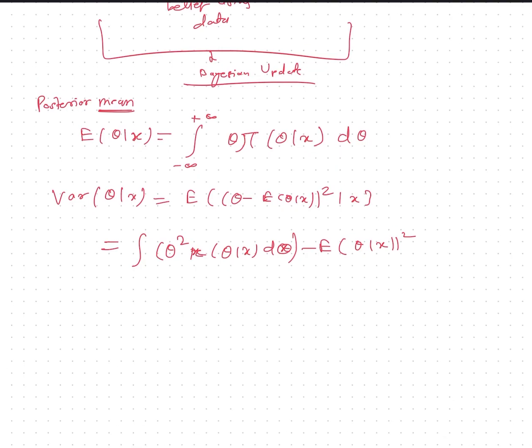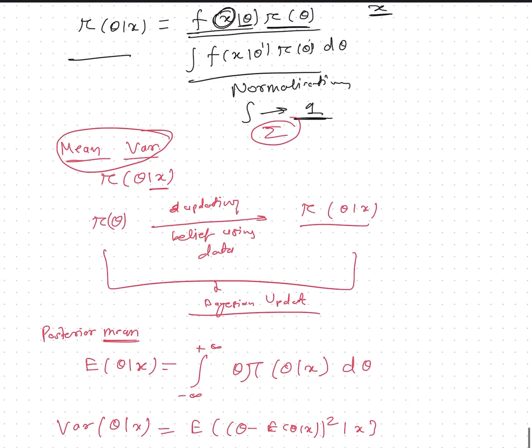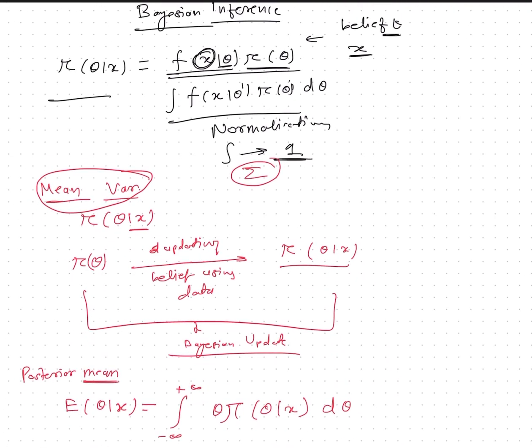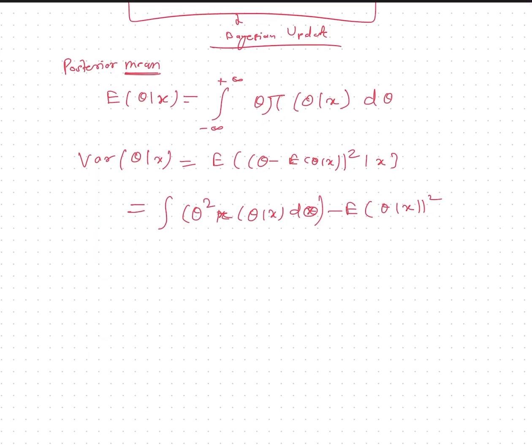So this is all about our posterior mean and posterior variance. We have seen how Bayesian inference works. We have prior knowledge, we have seen the data, and we are updating our beliefs using the data, which is reflected in our posterior density function. That's all about the basic Bayesian idea.